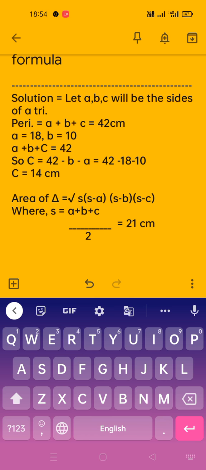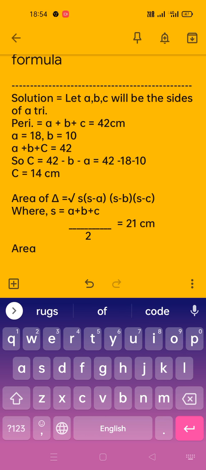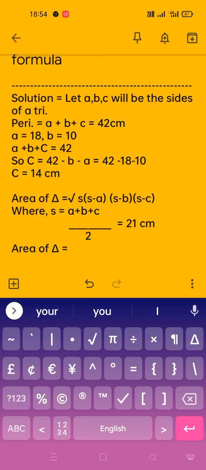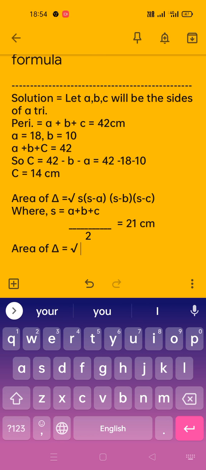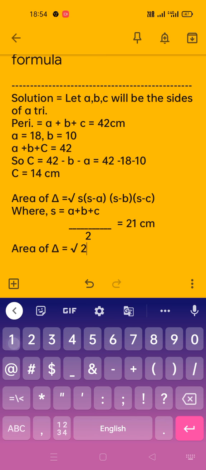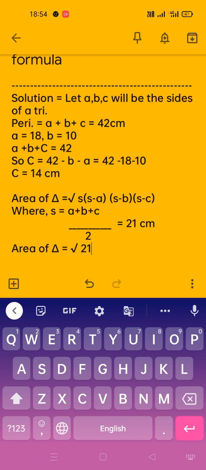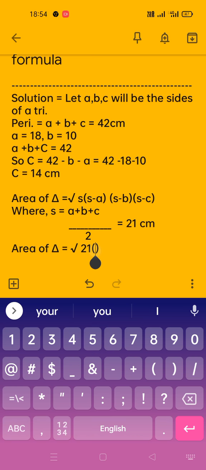Now again we have to find the area of triangle. Area of triangle is equal to, so again what we have to do, under root, and substitute the value, that is 21 in the bracket. It will be 21 minus 19, okay.